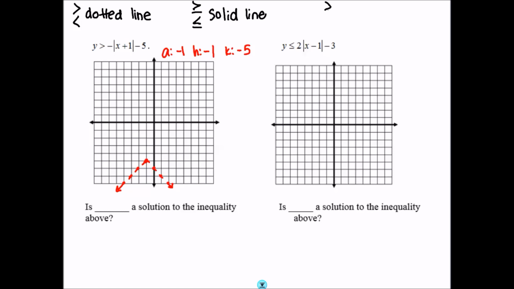So if you have greater than or equal to, you're going to shade above the graph. And if you have less than or equal to, you're going to shade below. So in this example, we have y is greater than, so I'm going to shade everything that is above this absolute value graph.